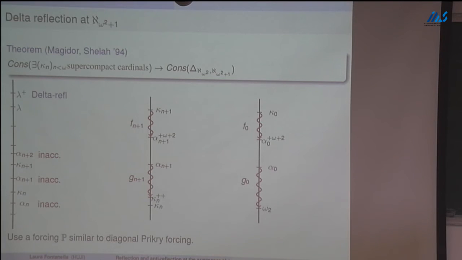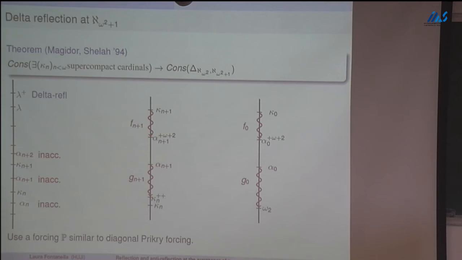In the usual diagonal Prikry forcing, what you have is the stem: a finite sequence of ordinals alpha n, where each alpha n is an inaccessible cardinal in the ground model below kappa n, and then you have measure 1 sets, A_i, etc. Each one of these is in the corresponding ultrafilter U_i. So this is diagonal Prikry forcing.